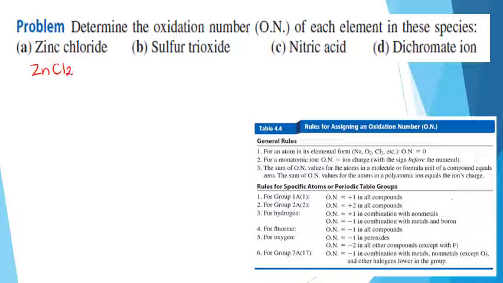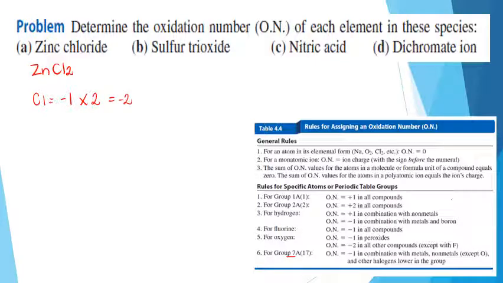ZnCl2. If we are going to check the oxidation number, remember that chlorine is a halogen. For halogens under group 7A, again, they have -1 in combination with metals. So chlorine has a -1 oxidation number times 2, because there are 2 chlorines here, that is equal to -2.